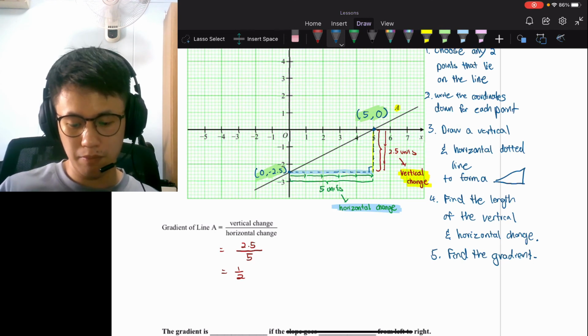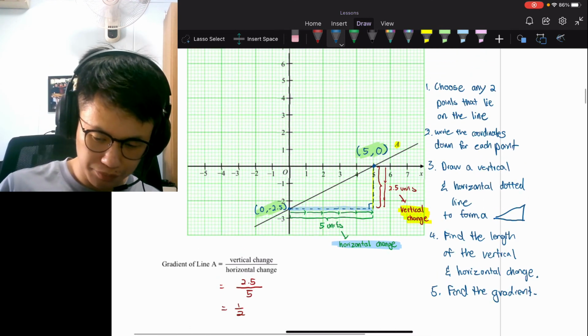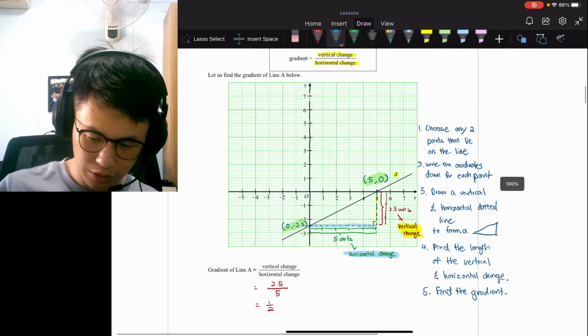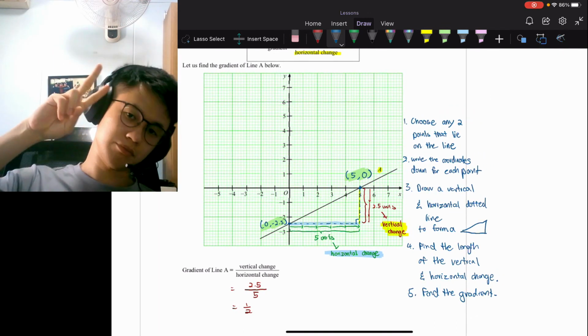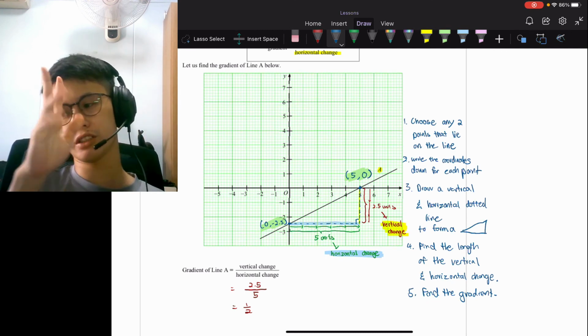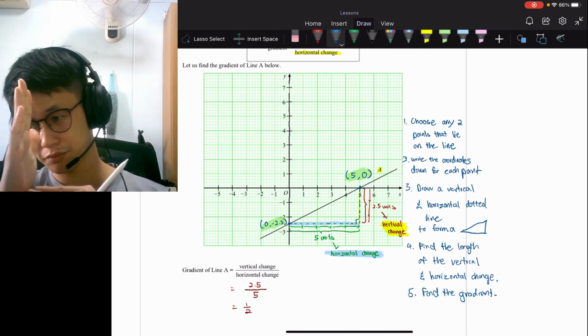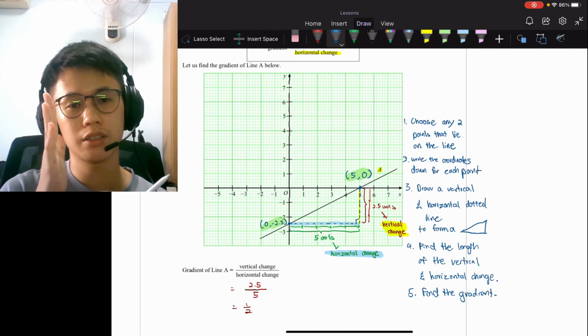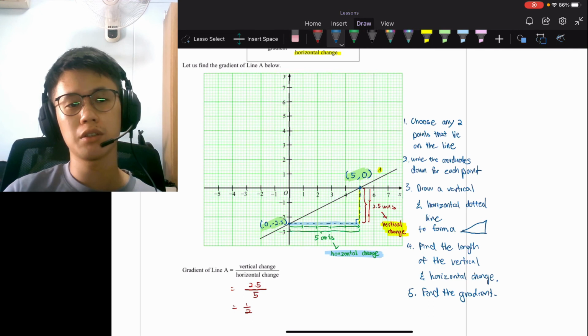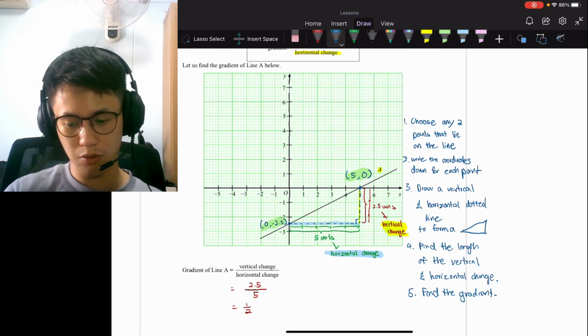So just to sum it up for you, the gradient is easily found just by finding 2 points, and we're going to calculate the horizontal and vertical change. Alright, so that's all. I will see you in the next video.